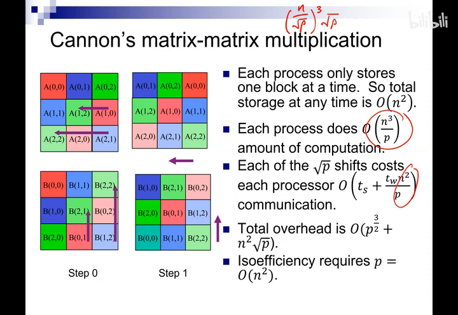So for isoefficiency, you need n cubed to be larger than this thing. And you see that this happens when p is order n². So this is also scalable all the way up to p equals n². Just like the previous block-based algorithm, it's equally scalable, but it's going to use less memory.